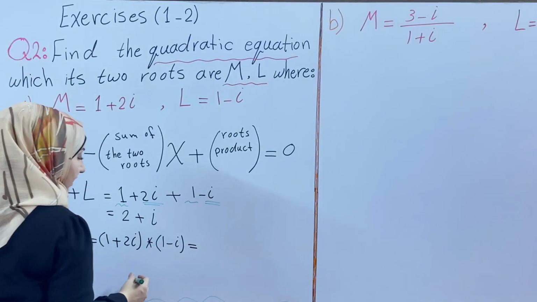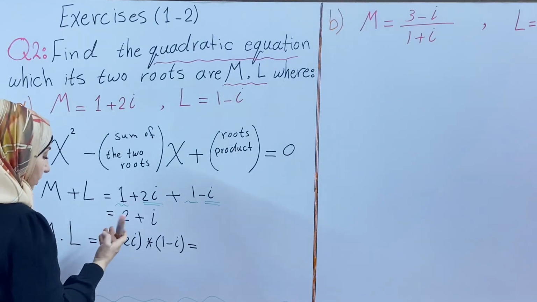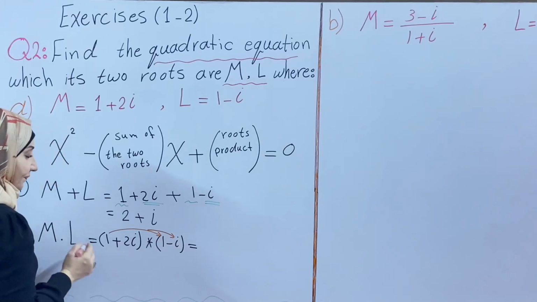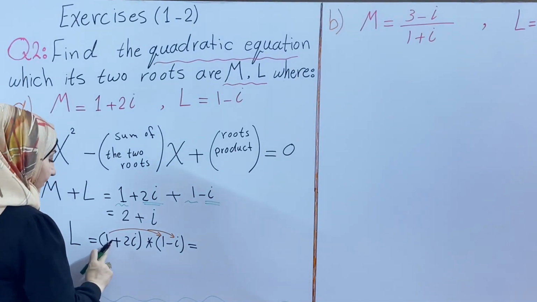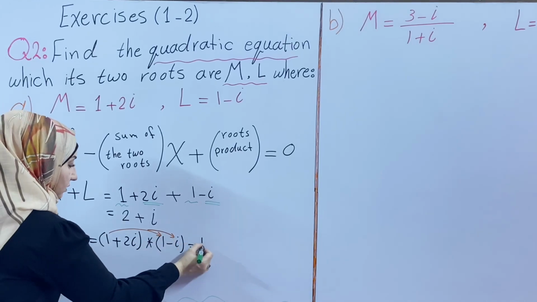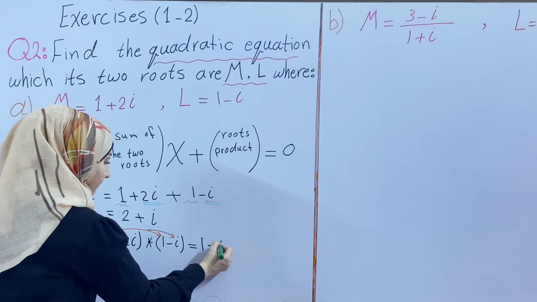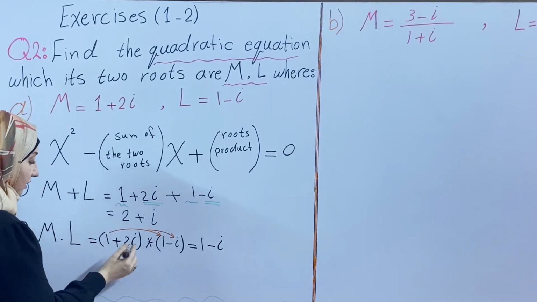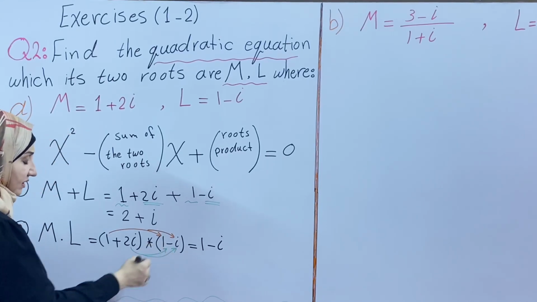We can use the property of distribution, so we will multiply 1 with the two terms in the second brackets. So 1 multiplied by 1 is 1. 1 multiplied by negative i is negative i. And now we take the second term and multiply it with the two terms of the second brackets.